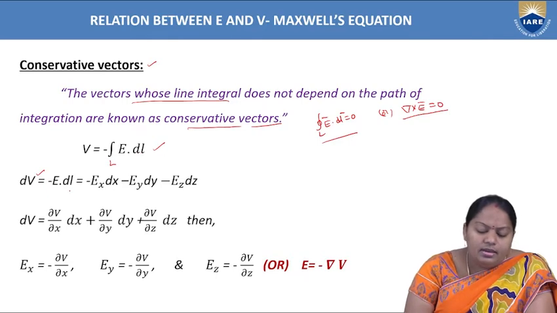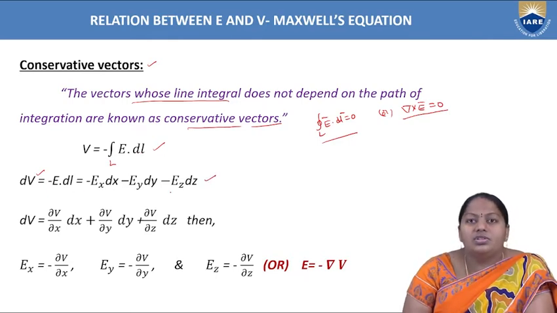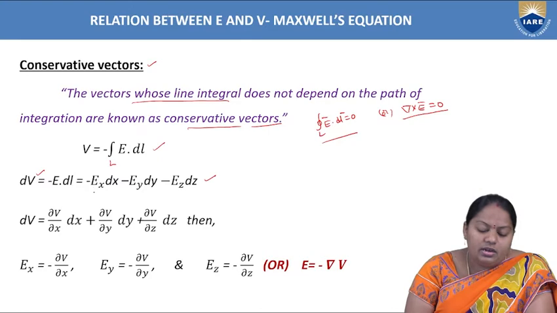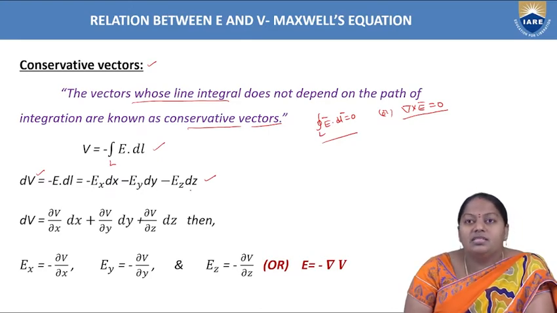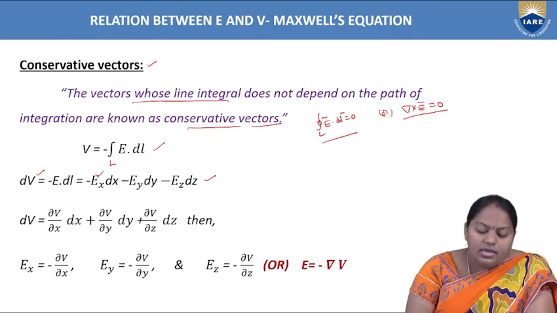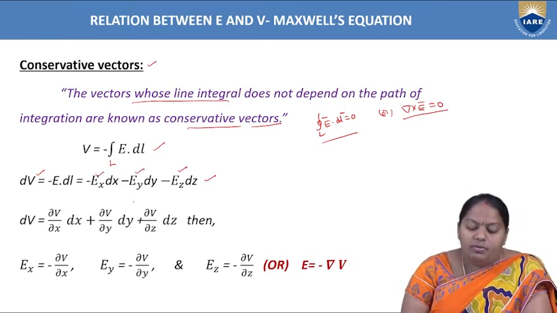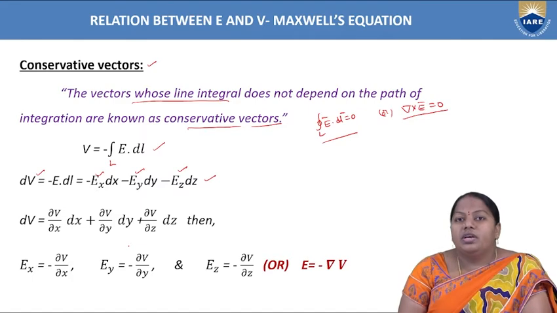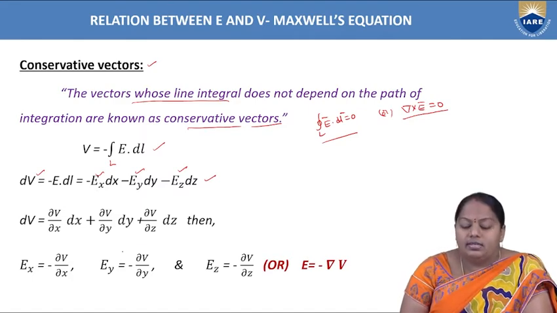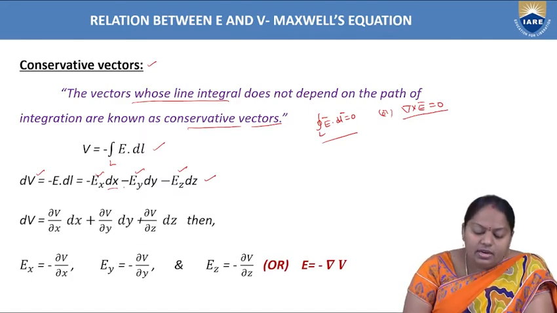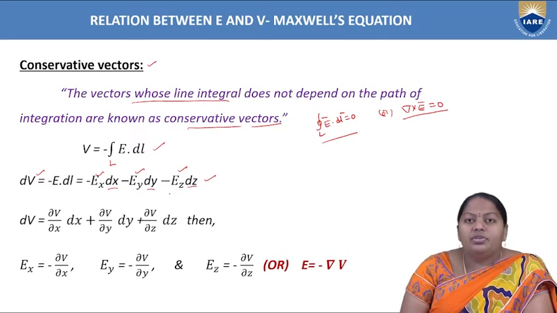This E dot dl can be expressed in the Cartesian coordinate system as Ex dx plus Ey dy plus Ez dz, where Ex, Ey and Ez are the magnitudes in the x, y, z directions, and dx, dy, dz are the differential components in the x, y, z directions. We consider a rectangular coordinate system.